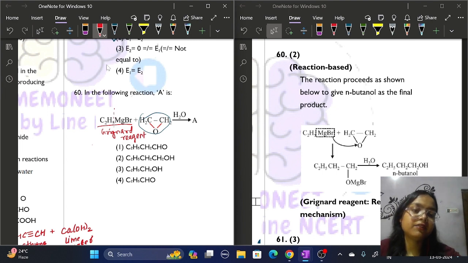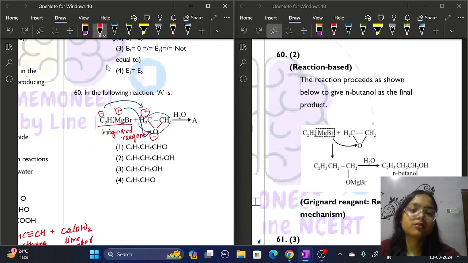We have to know that if it is a Grignard reagent, then if we mark charges, MgBr will have the positive charge and C2H5 will have the negative charge. Upon this, oxygen will have the negative charge and this carbon will have the positive charge. So upon reaction, this positive part will get attached to the negatively charged oxygen, and this negative part will get attached to the positively charged carbon.